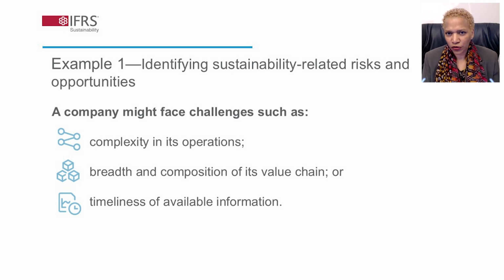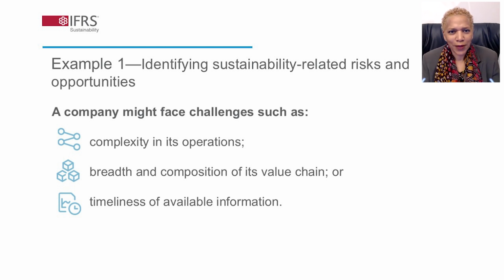A company might face challenges in obtaining information to identify its sustainability-related risks and opportunities and determine the scope of its value chain because of, first, complexity in its operations, second, the breadth and composition of its value chain, and third, in some cases, challenges obtaining reliable information from third parties in a timely manner.